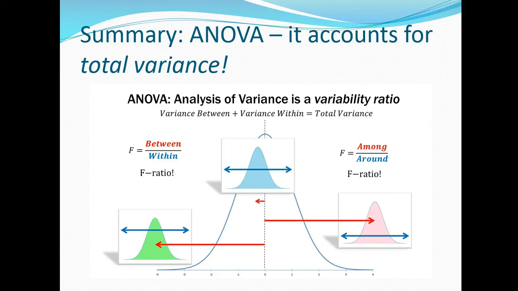And so looking at this, you know then that ANOVA accounts for total variance. It accounts for the variance between plus the variance within, and therefore the analysis of variance is a variability ratio. And remember that ANOVA utilizes the F ratio from the F distribution.